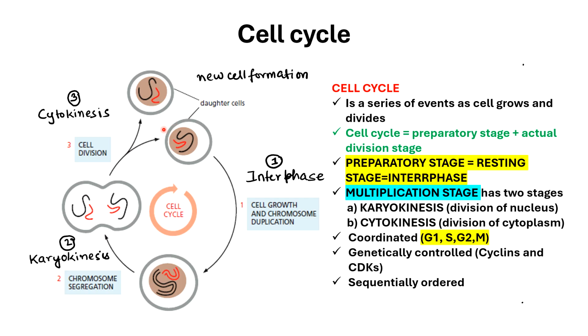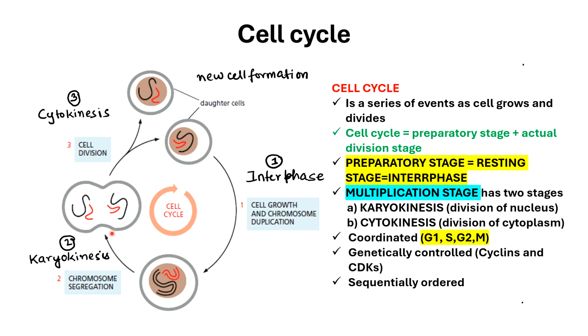So consider this is your cell. There is first a cell growth stage and the chromosome duplication stage, that is called the interphase. Okay, so whatever is there in the cell, the content of it is essentially doubled here. Next thing is the actual multiplication stage.